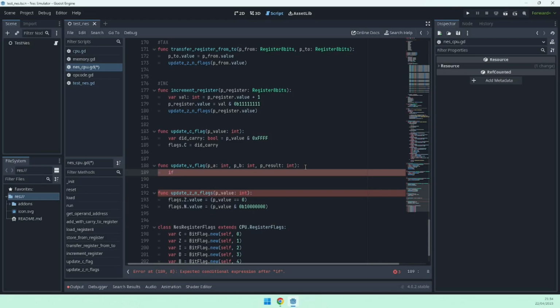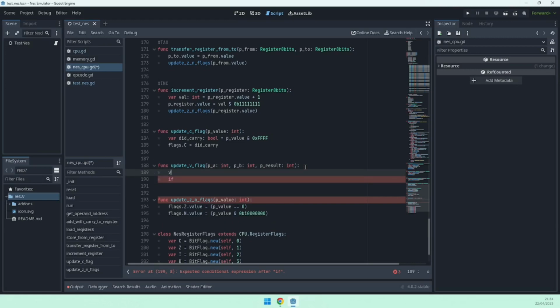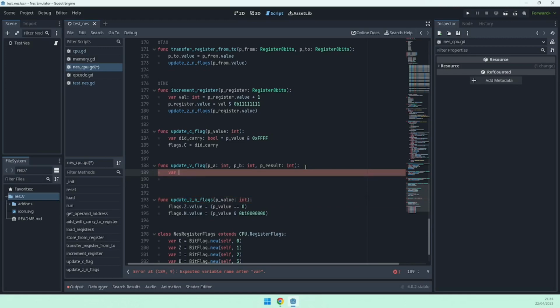So we want to check, let's try to make a constant. So this is the single bit equal to this 3, 4, 5, 6, 7, 8.